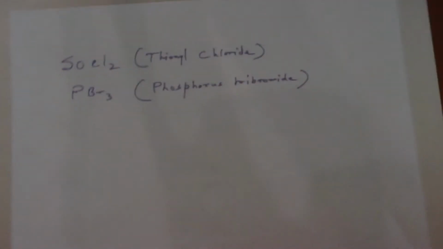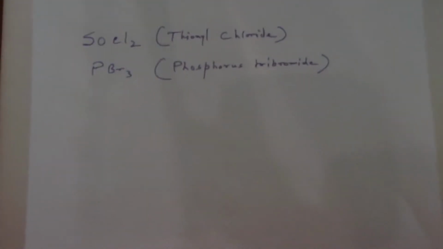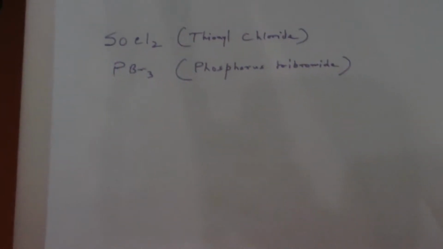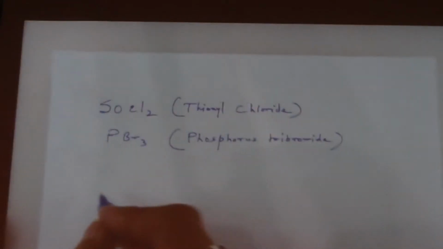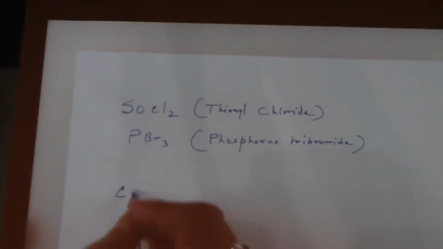So these reagents are particularly useful because they give better yields of the bromides and chlorides from even primary or methyl alcohols.